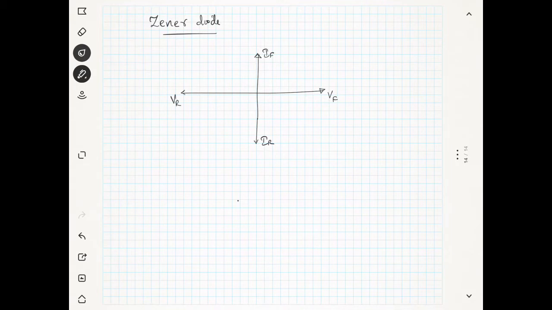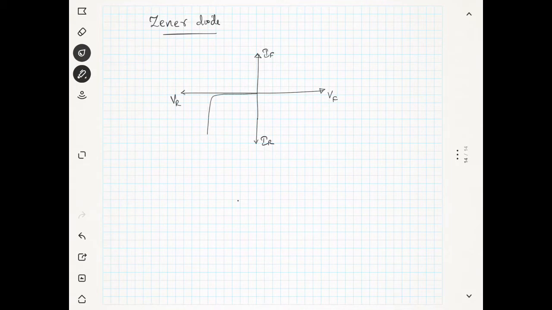In the previous lecture, we discussed the characteristics of the Zener diode. The voltage-current characteristics were something like this. This is the forward current, and this is the reverse current and the reverse bias voltage.